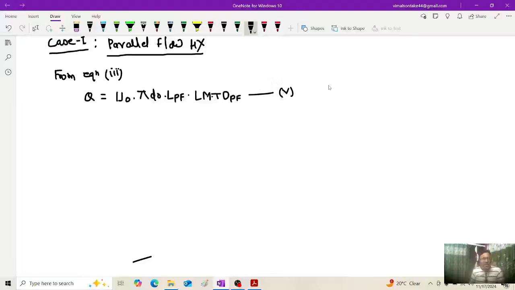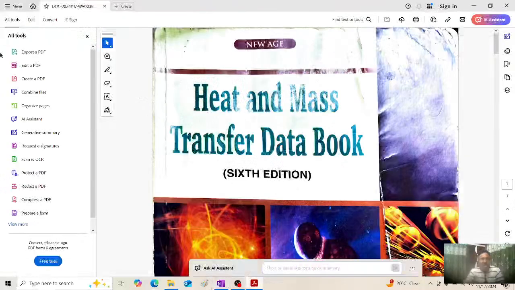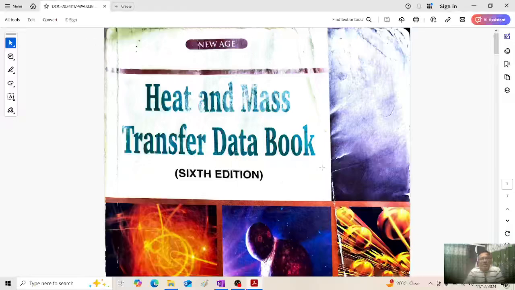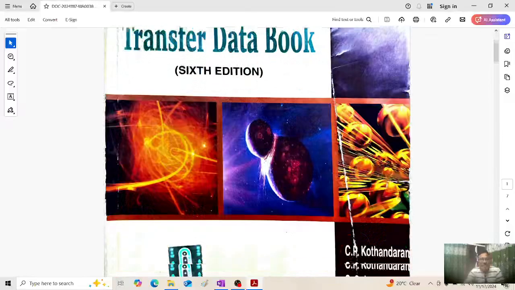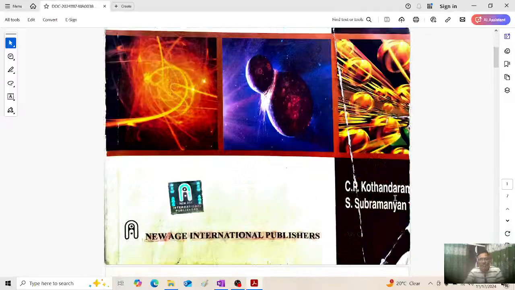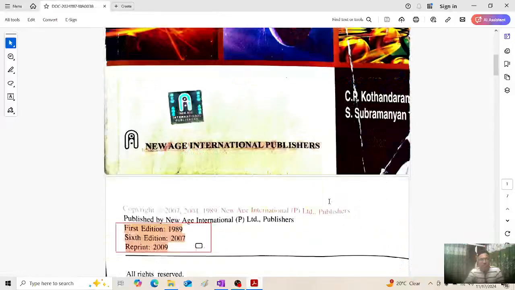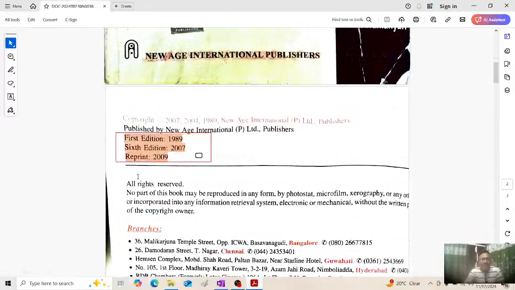Now the expression for UO can be obtained from the heat transfer data book. Now I have this data book, Heat and Mass Transfer Data Book, 6th edition. It is by C.P. Kothandaraman and S. Subramanian from New Age International Publishers, and its edition is 2009.